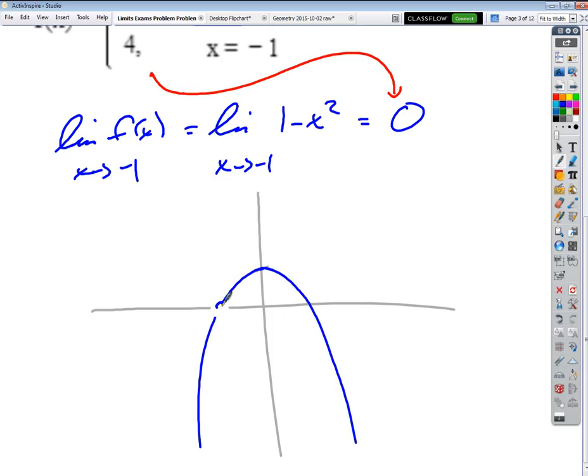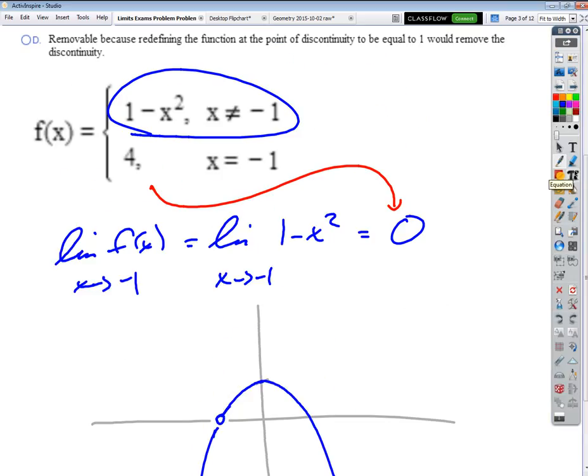We've got a hole there in the function, agree? And the function is assigned, whoops, supposed to be red.